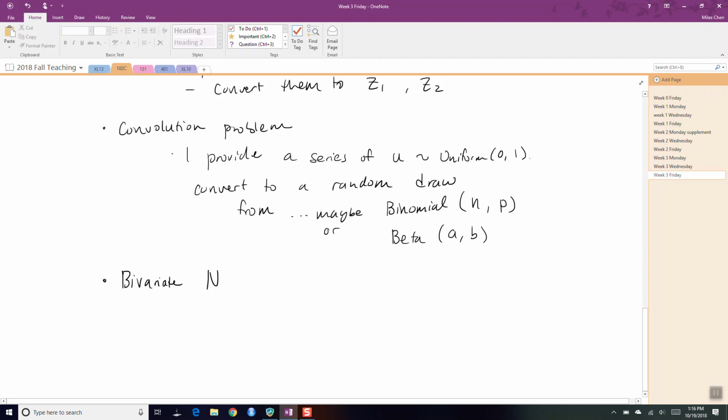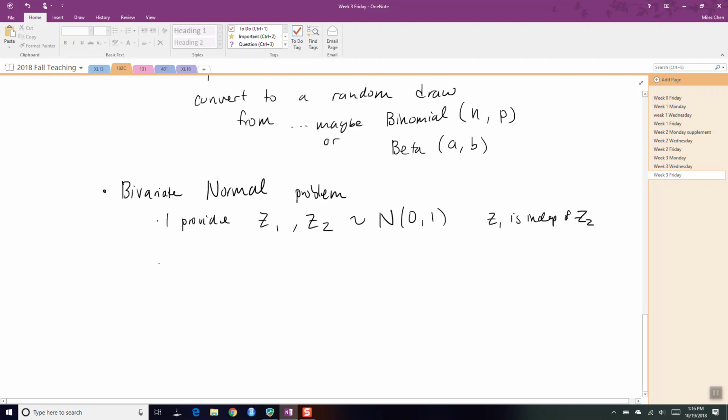Okay, and then we'll have a bivariate normal problem, maybe, okay? Possible, right? And for this, I would provide Z1 and Z2 drawn from standard normal, where Z1 is independent of Z2, okay?